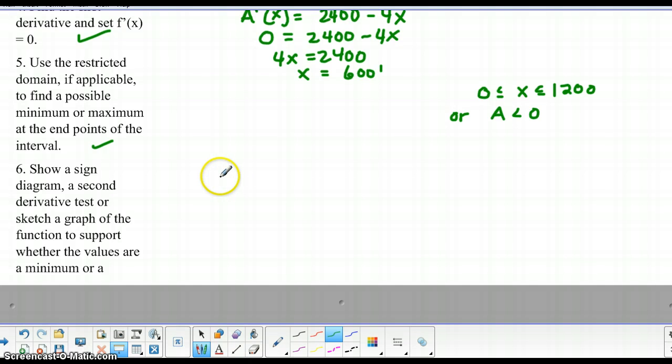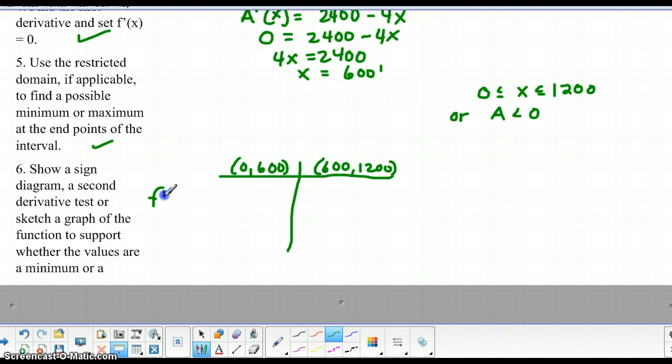So if we set up our sign diagram with the first derivative, we only have the one value of 600, and we know a restricted range. So we only have from 0 to 600 would be one section we'll have to test, and the other will be from 600 to 1200.